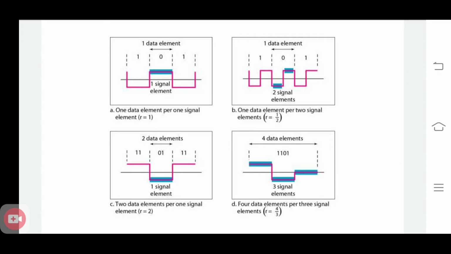Also in the next case, four data elements are there, 1 1 0 1, and 1 1 0 1 can be represented by using three signal elements, right? So these are all about data element versus signal element considerations.